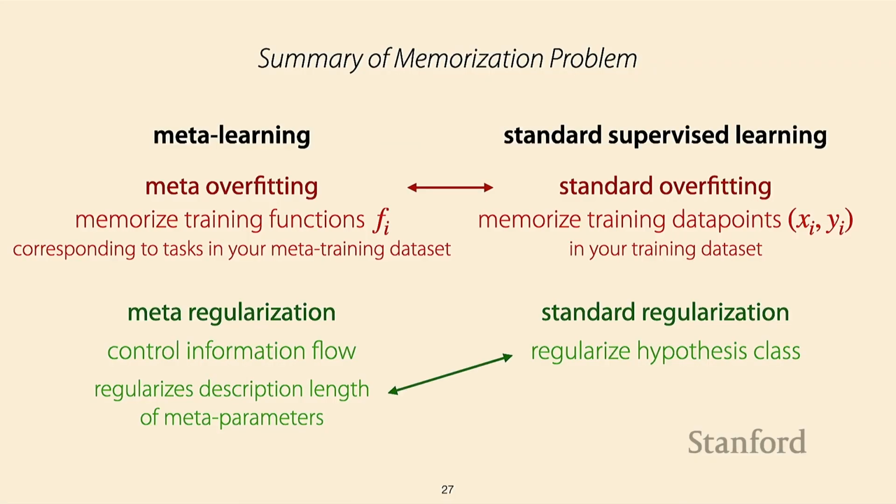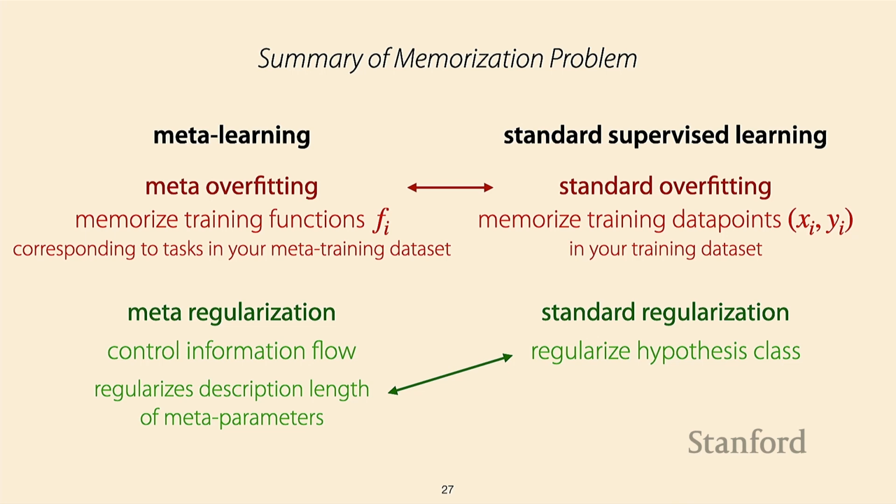These are somewhat analogous, although, like I briefly mentioned before, we see a much more drastic improvement from applying this regularization in some meta-learning problems in comparison to standard regularization in deep learning. Any questions on memorization?